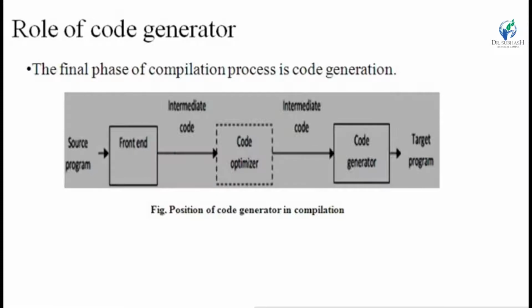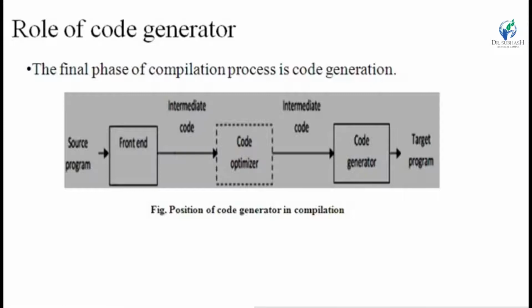First is role of code generator. What is the role of code generator? Code generator is the final phase of compilation process. It takes an intermediate representation of the source program as input and produces an equivalent target program as output. Here the position of code generator in compilation process is shown. Your source program is passed to the front end of compiler, which generates intermediate code.